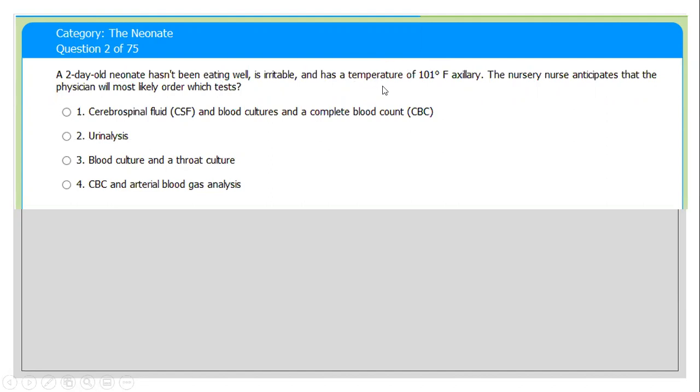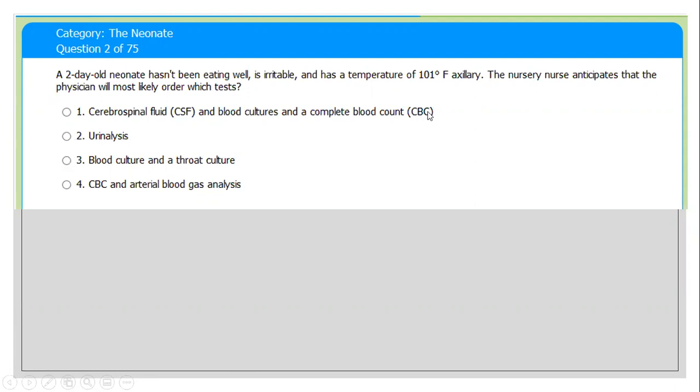When temperature goes up because of infection or inflammation, we need to evaluate. So what should be the ideal test? Options include CSF, cerebrospinal fluid analysis, blood culture to find out what organism is present and which antibiotics to give, and also complete blood count, shortly called CBC.